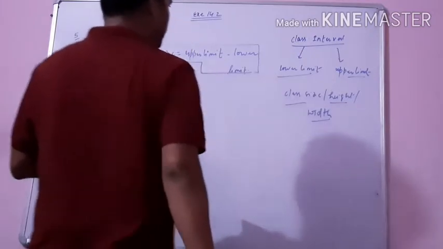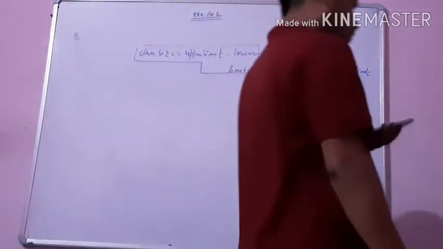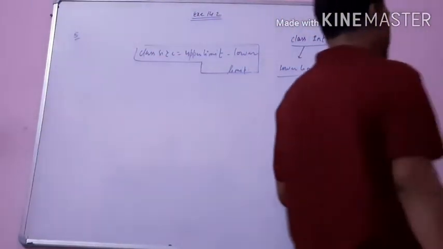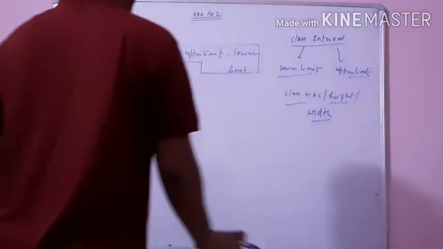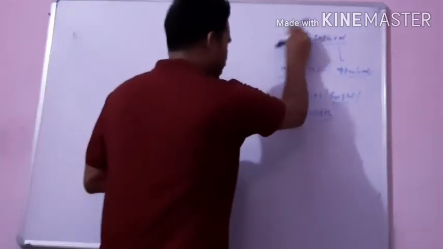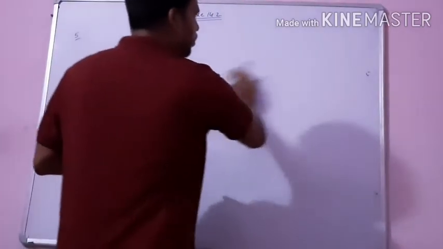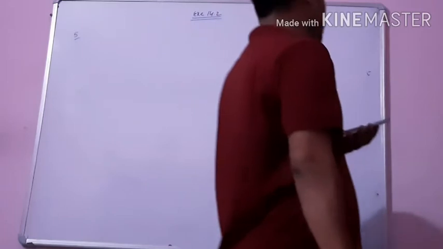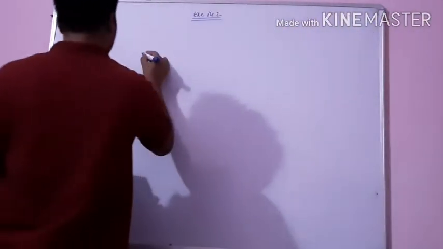In question number 5, what is given? The concentration of sulfur dioxide of a city for particular 30 days, and we have to make class intervals whose size is 0.04. So class size has been given.